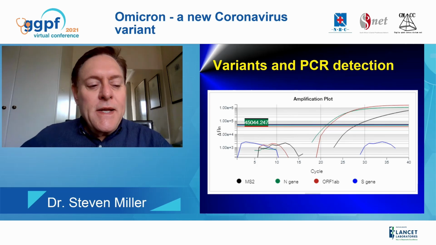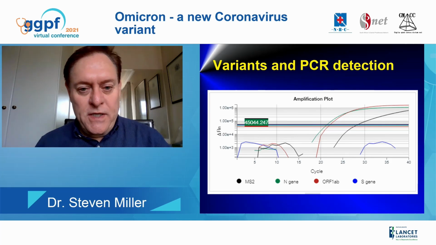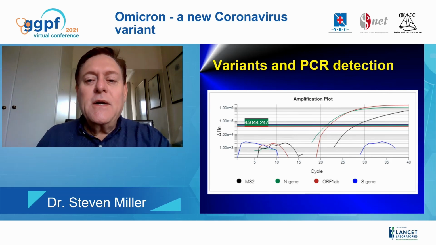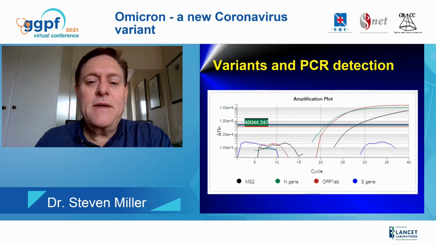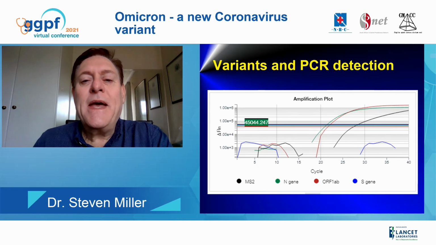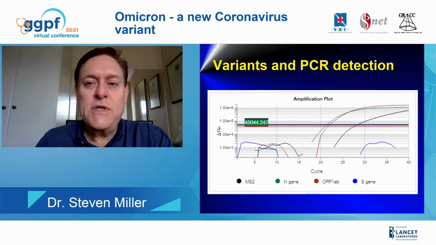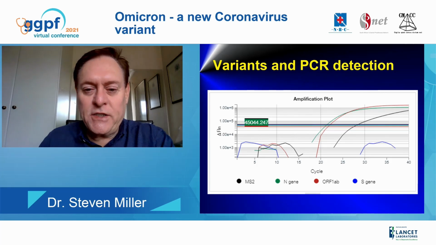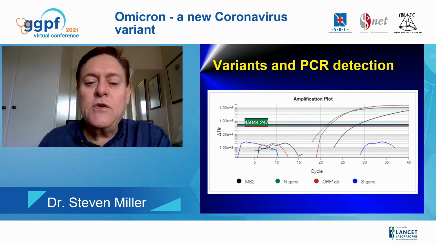And in our virology laboratory at Lancet, we started to notice an unusual pattern of PCR results for COVID. So this slide shows you what a typical PCR reaction result looks like, and I'll quickly walk you through it and highlight what struck us.